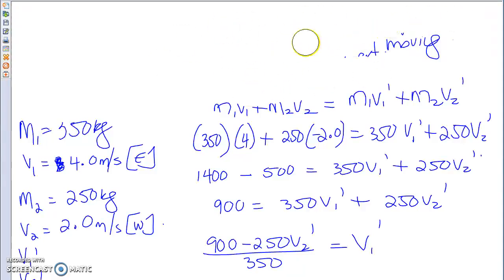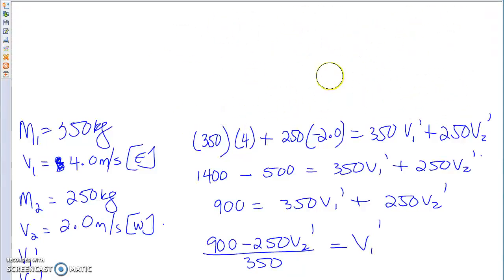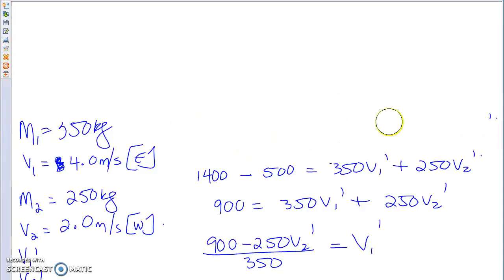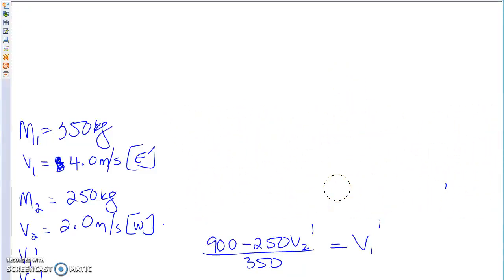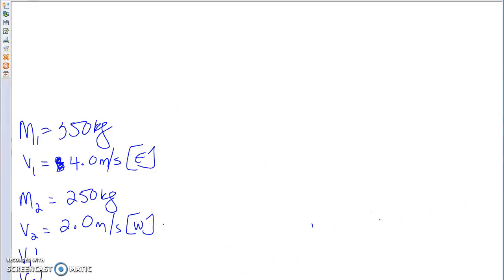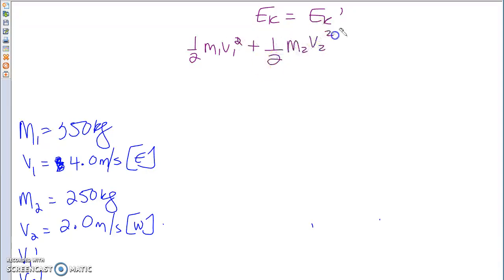Let's take a look at energy now. So we're going to erase all this part. Is that okay? Okay. So my EK before equals EK after: half M1 V1 squared plus half M2 V2 squared, which equals half M1 V1 prime squared plus half M2 V2 prime squared.